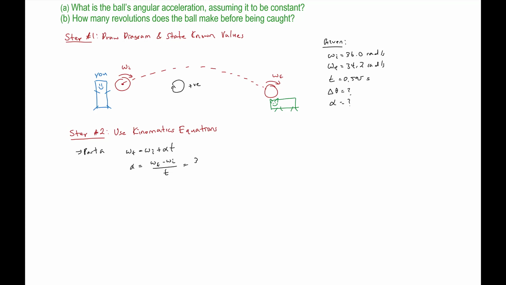We just plug in our values, 34.2 minus 36.0 divided by 0.595, and alpha is equal to negative 3.025 radians per second squared. So that is our answer for part A.